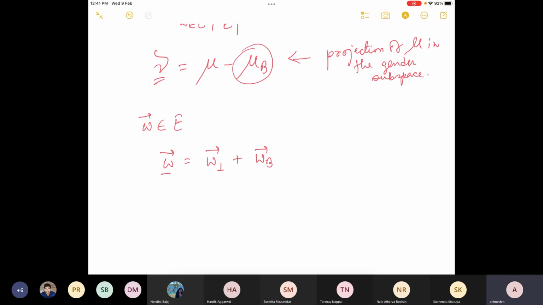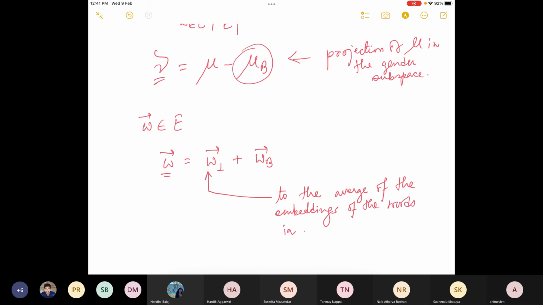So for each of the W's in the equality set, you equate this W perpendicular or this W normal to the average of the embeddings of the words in E, outside B. So this means what?